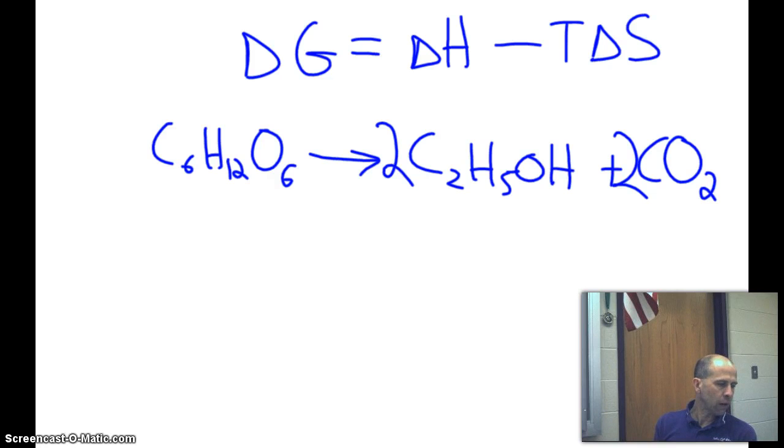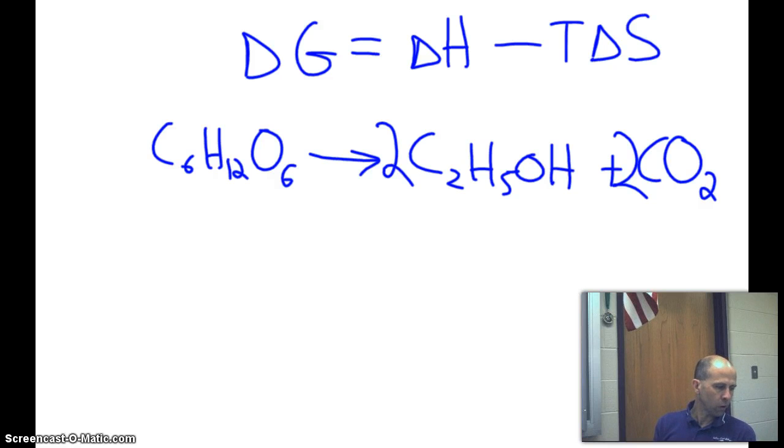For this reaction, calculate the change in the Gibbs energy at 25 degrees C. And this is like yeast or something fermenting sugar and making alcohol. Don't let the government catch you doing this unauthorized.